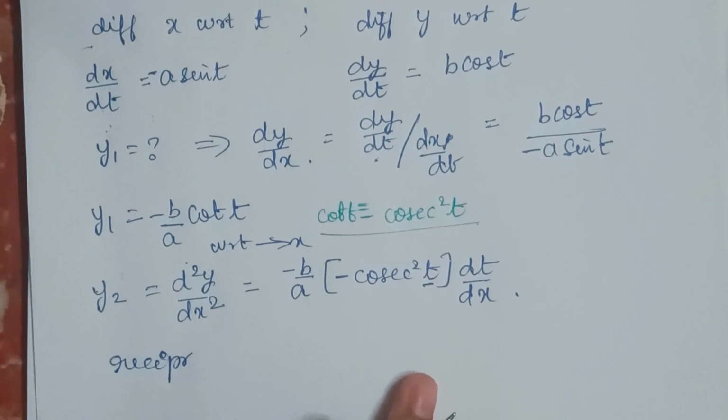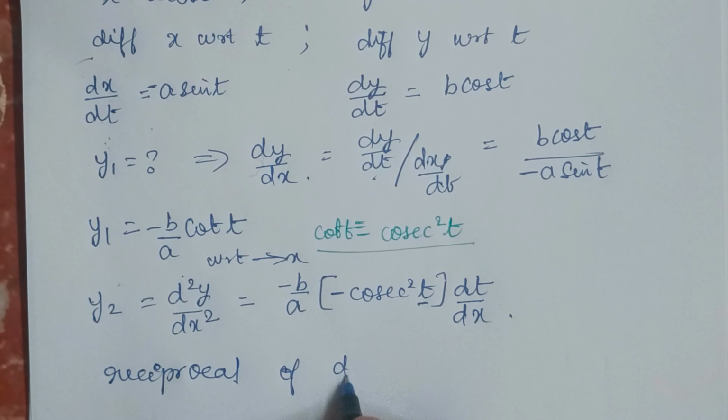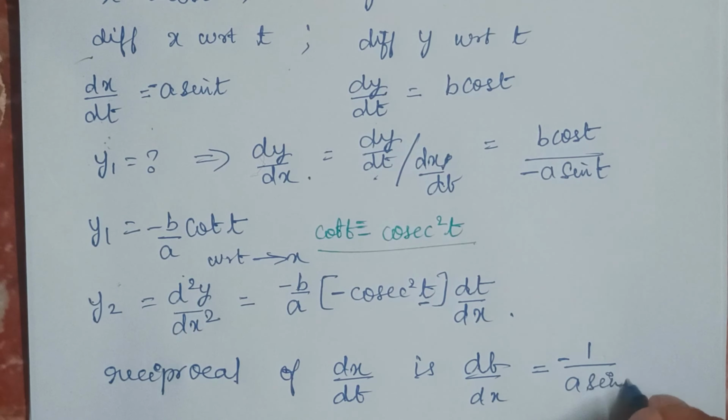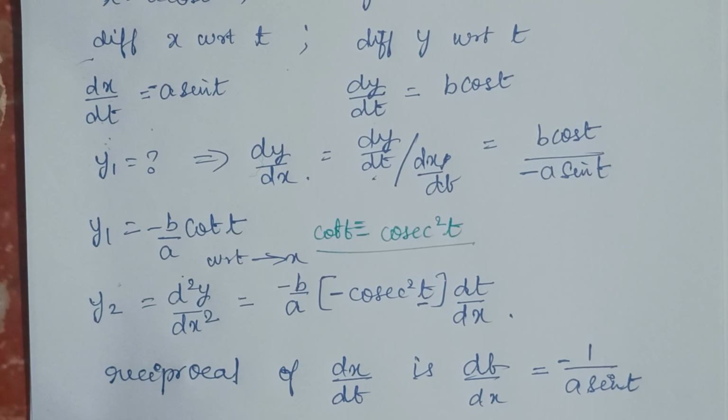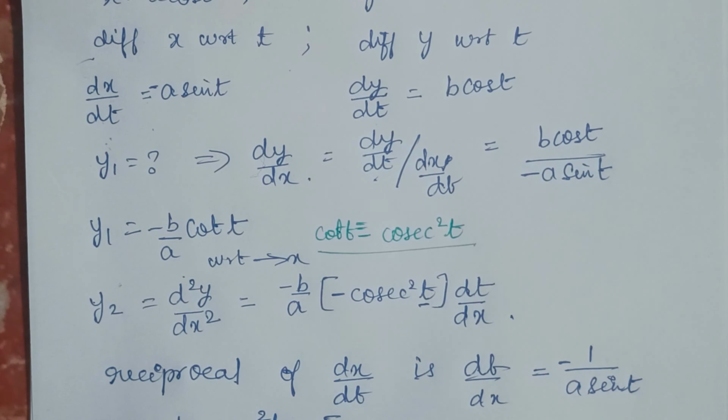This is just for your understanding, I'm doing reciprocal of dx by dt is dt by dx, which is nothing but 1 by minus a sine t. So I can write this as y2, minus into minus is plus, y2 is equals to b by a cosecant square t into minus 1 by a sine t.